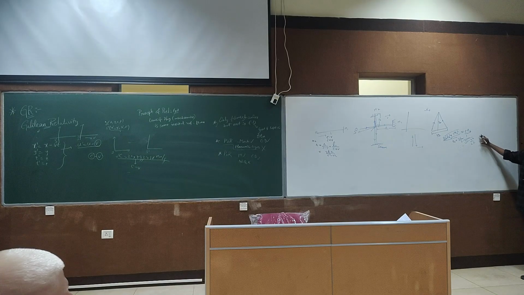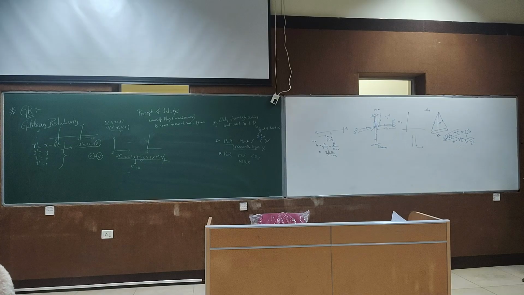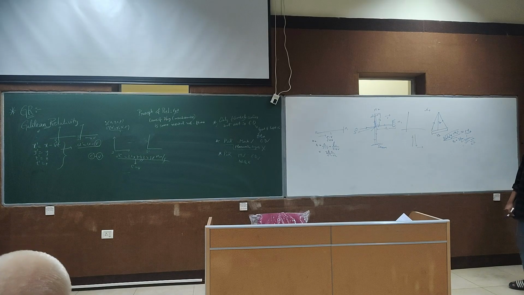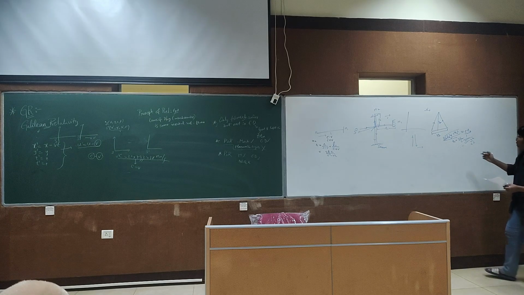Are all of you fine with this? It's twice the hypotenuse, right? That's the LHS. Yeah, it's twice the hypotenuse. It should be v square t2 square by 4 now.